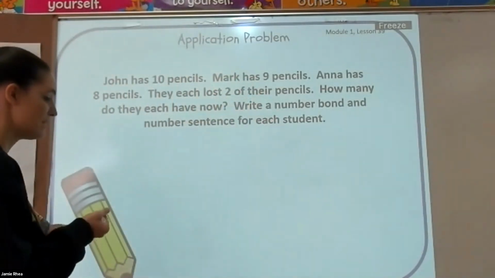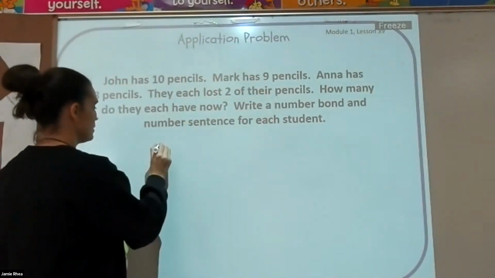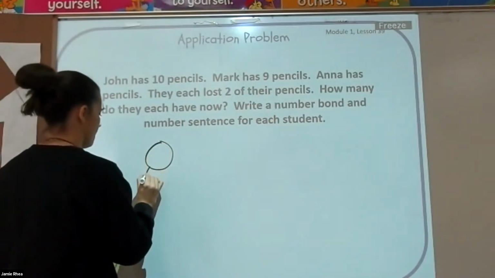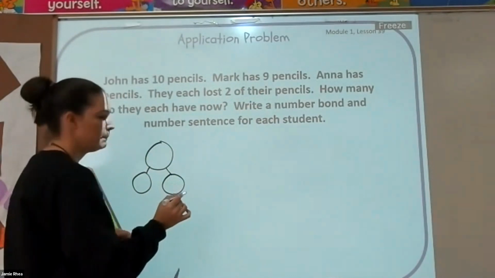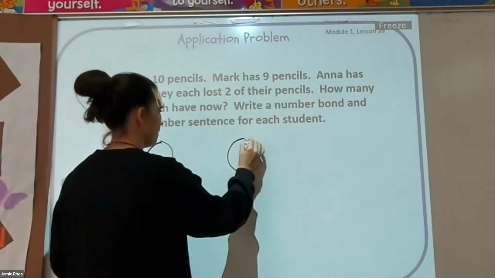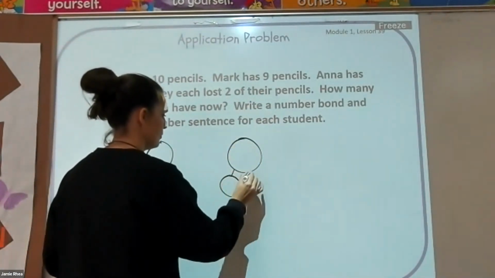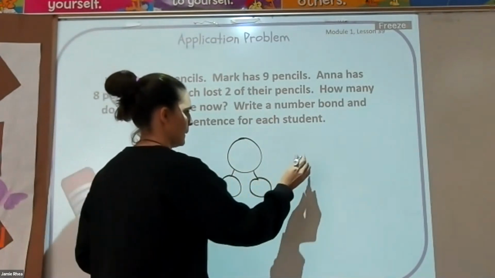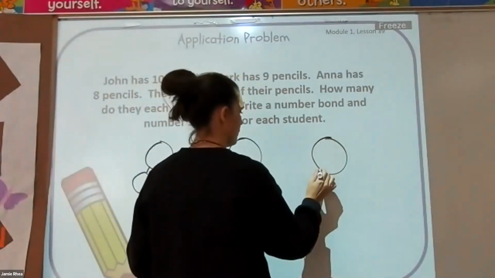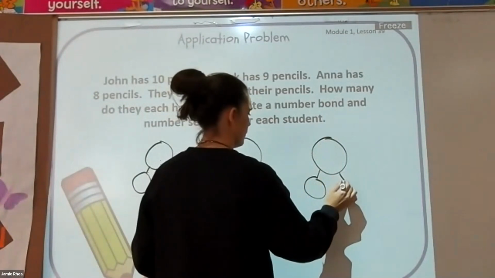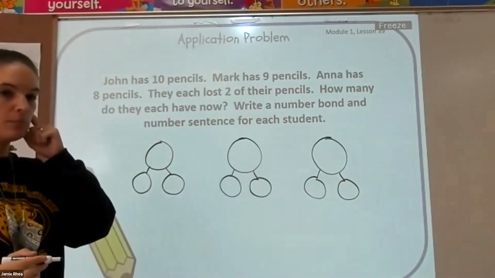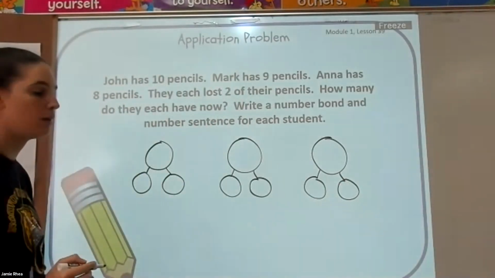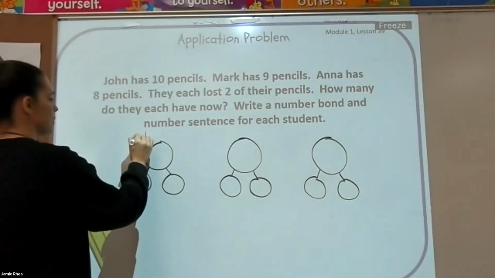Okay, so let's draw number bonds. Remember, you do this on your paper or your whiteboard. Now, I'm going to label each one of my number bonds so I know who I'm talking about. This one's going to be John.